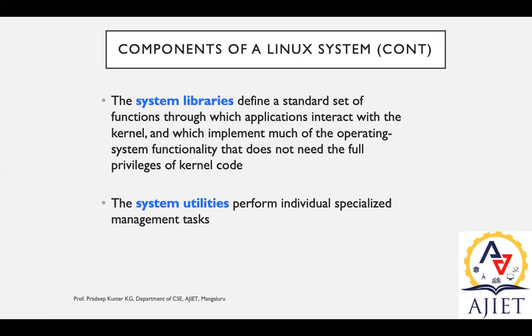Using the system libraries, applications can interact with the kernel, something like an API, in general a system call. The third major thing is system utilities, which perform individual specialized management tasks like analyzing, configuring, and optimizing. These are examples of system utilities.